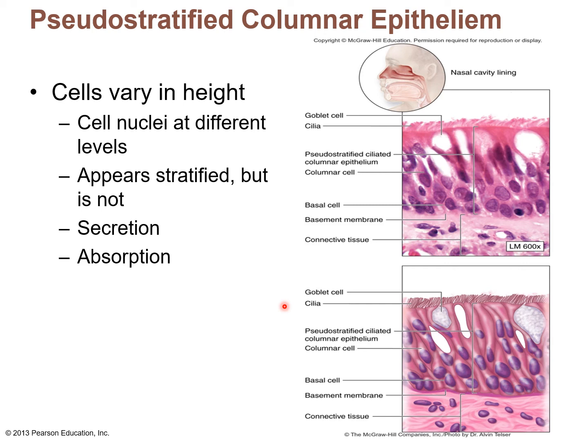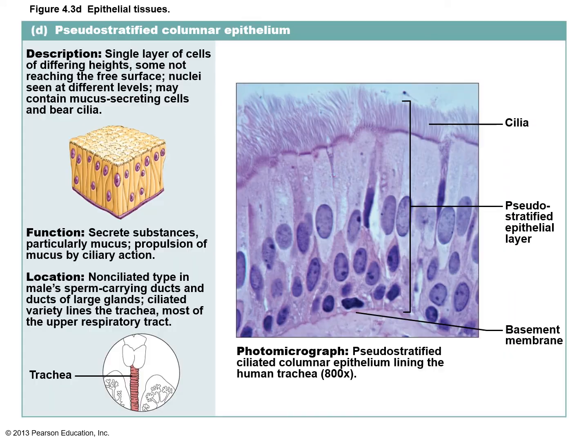And you do have it lining your nasal cavity, by the way. The tissue lining your nasal cavity is a pseudostratified columnar epithelium. One more time, here is the apical surface, here is the basal surface, and as we said, you will always have connective tissue underneath any of your epithelial tissues to provide it with the nutrition and support that it needs.